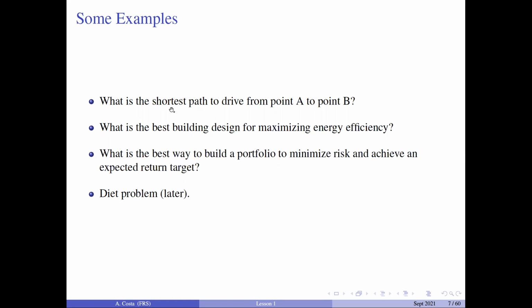Well, it is the one with the minimum length, right? And the choices can be the routes that you are taking. Another one could be, what is the best building design for maximizing energy efficiency? Maybe some people are working on this topic. Finance, right? How to build a portfolio to minimize risk and achieve some expected return. Diet problem, this I will show you later, okay?